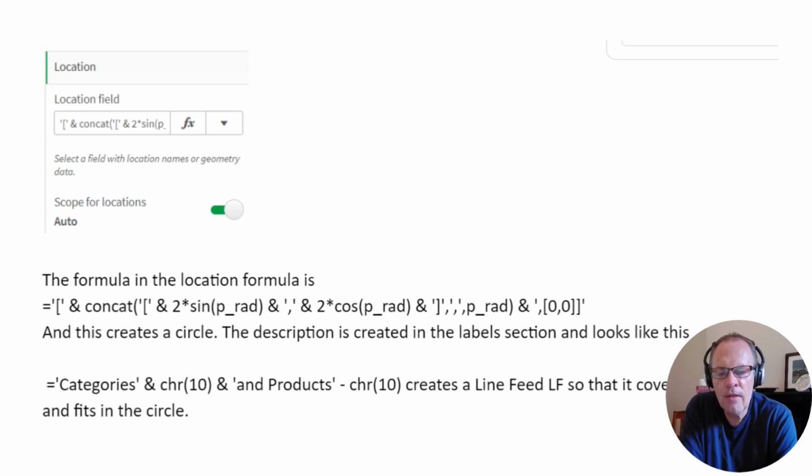And then in the calculation, we need to put in categories and products. In this case, this very first one here is making the circle in the middle of the chart. And then it's putting in categories and products. The CHR(10), for those who haven't used it, is a line feed. And so that puts "and products" on the second line.